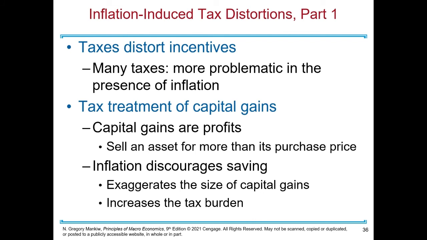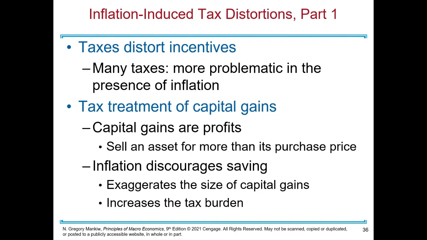So your actual gain wasn't $130. It didn't go from 10 to 140. It went from 50 to 140. So your actual gain was $90, not $130. But you're being taxed on $130, meaning that the investment looks worse, making it harder for people to efficiently allocate their resources.